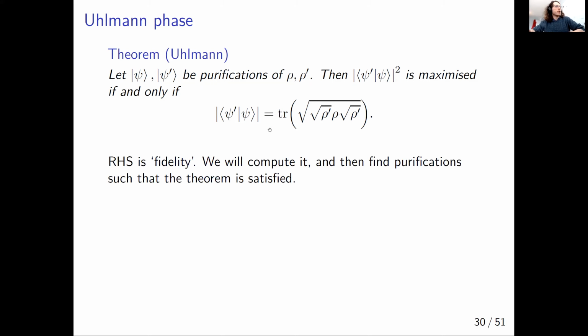This quantity on the right-hand side is known as the fidelity of rho and rho prime. I'll show how to compute it for Hawking radiation states, and then how to find purifications psi and psi prime such that the theorem is satisfied.